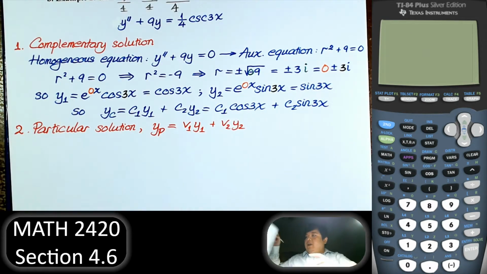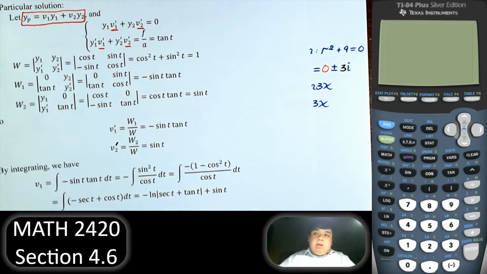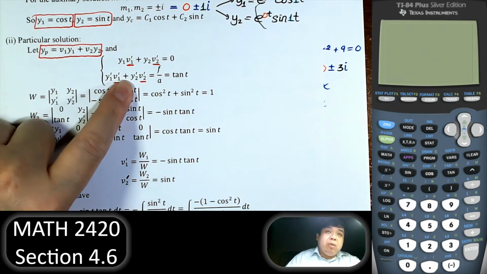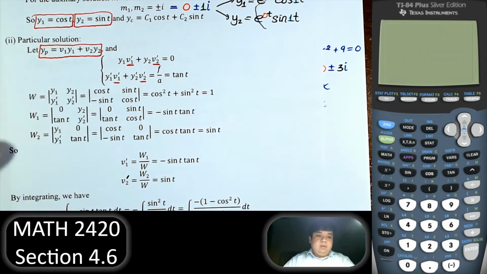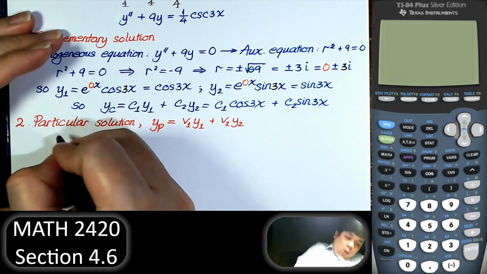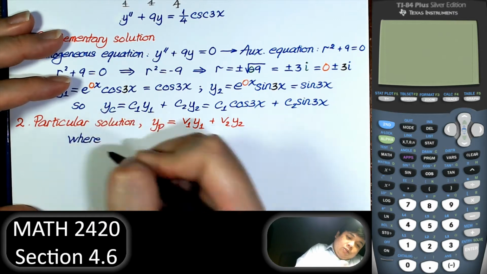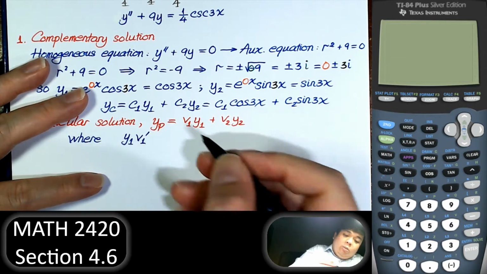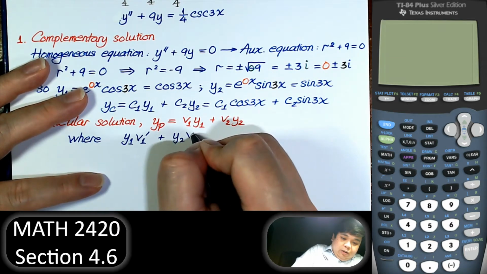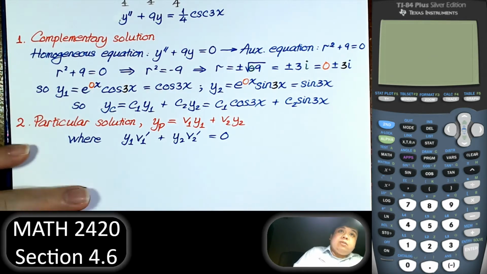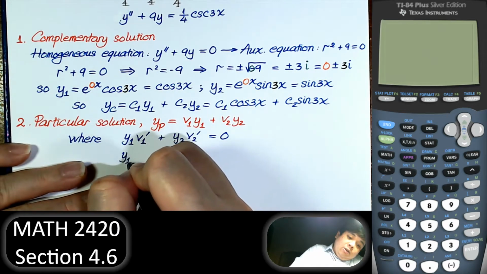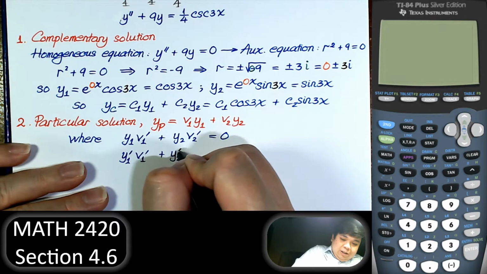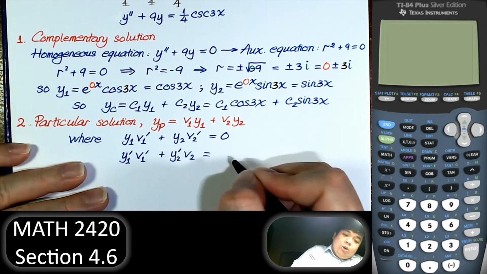So once we find v1 and v2, we use variation of parameters and this system of equations, where we have y1 v1 prime plus y2 v2 prime equal to 0, and the derivative equation, equal to f over a.